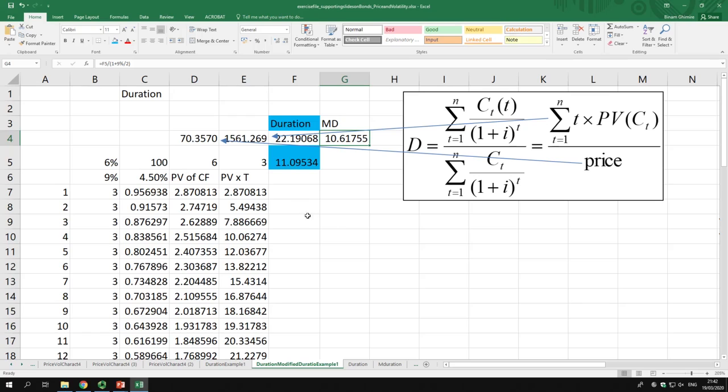Now can I tell you something? We applied the lengthy way and found duration and modified duration. In fact, you can do the same thing by asking Excel what the modified duration and duration are, and that's something I have shown here.